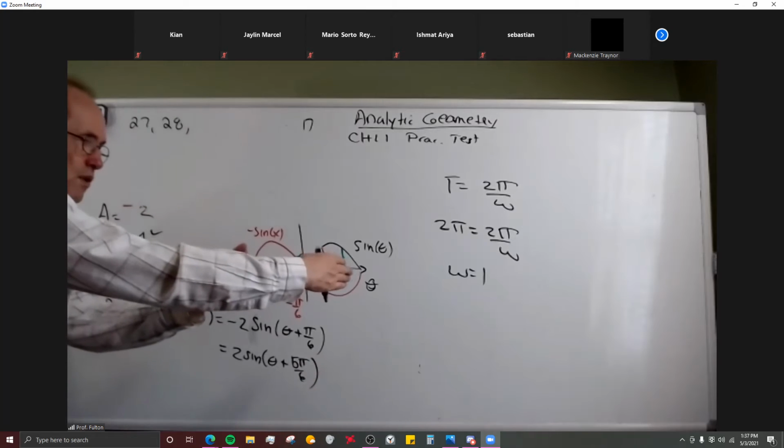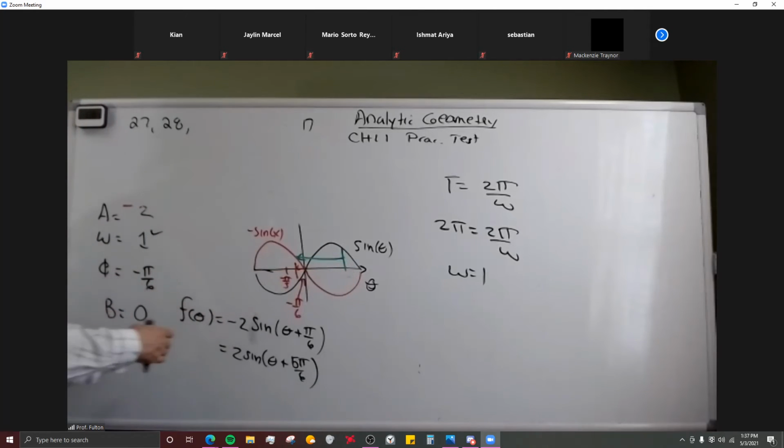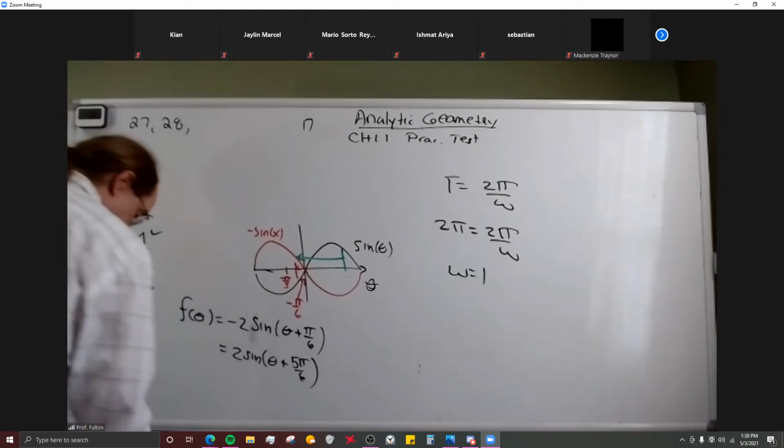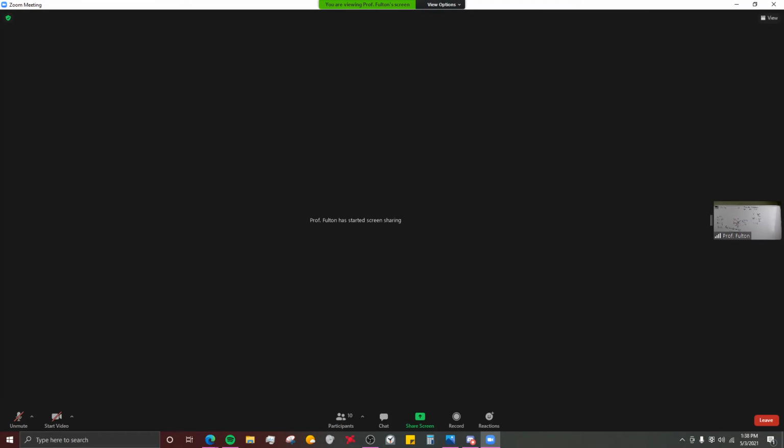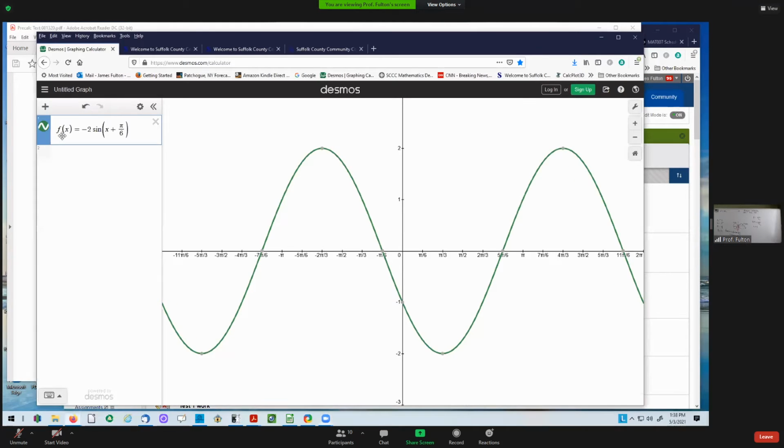Because that's the other one shifted back, instead of pi over 6, 5 pi over 6. So these are equivalent. They give me the same graph. And I could show that if I wanted to, just so you can see. These are things to play around with to learn about this. Take the same thing over here.